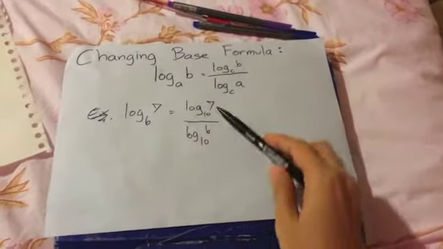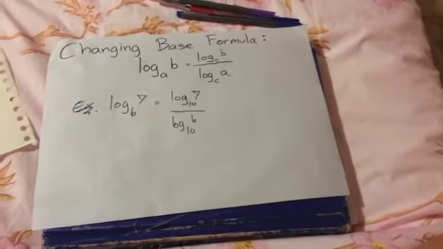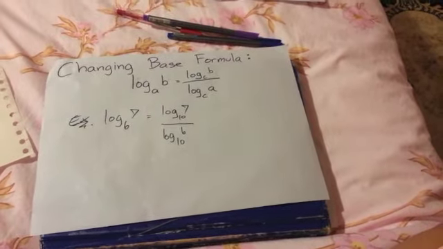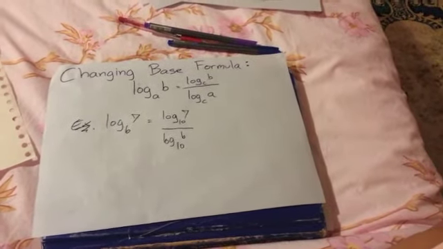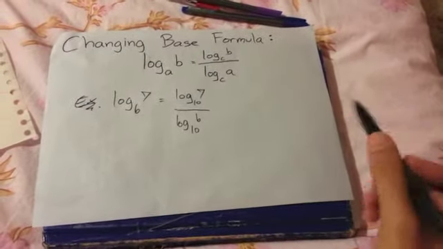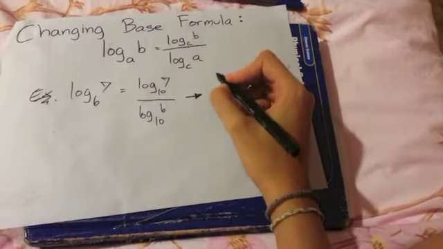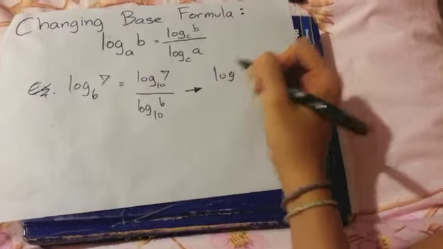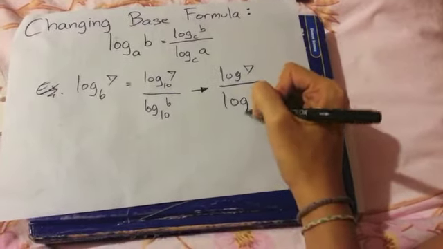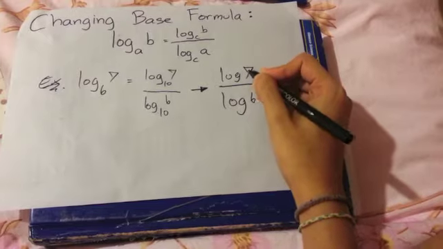Okay, from here, in base 10 and in base 10, you've learned from the fifth property that if the numbers are in base 10, you don't have to write it. So from this, it's going to be log 7 divided by log 6.